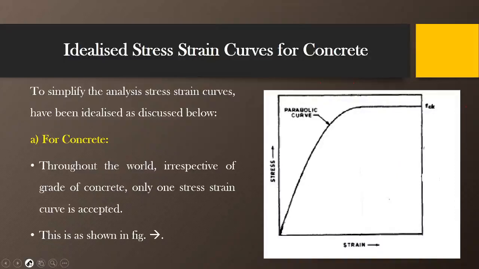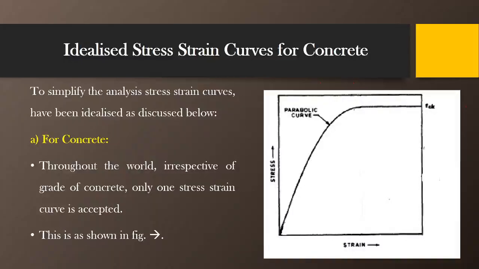Initially the stress strain curve varies linearly, then up to the yield point it changes into a parabolic curve, and after that yield point it is normally observed that the stress remains constant but the strain goes on increasing. Strain goes on increasing means irrespective of stress, the strain or the deformation goes on increasing.